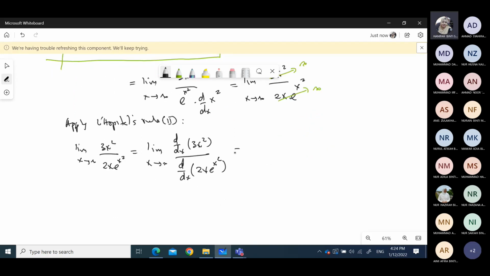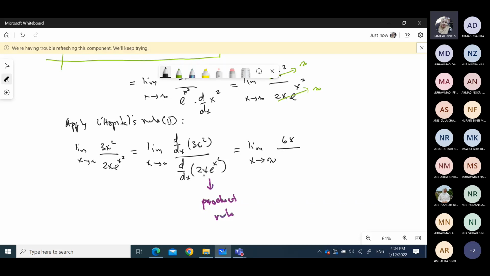So you will get the limit as x approaches infinity. You differentiate with respect to x on 3x squared, we have 6x over. For this one you use the product rule, because it has x and exponent x squared.